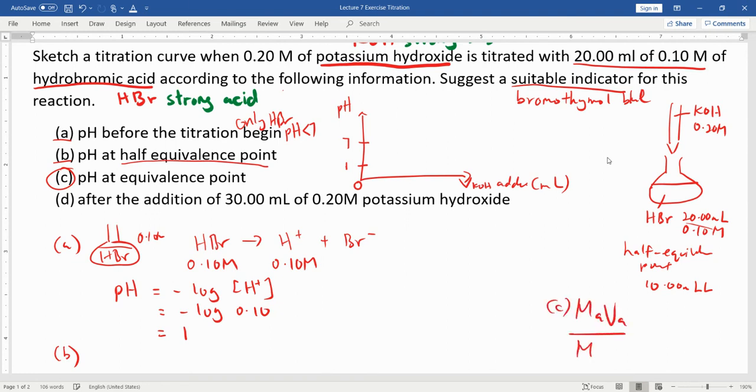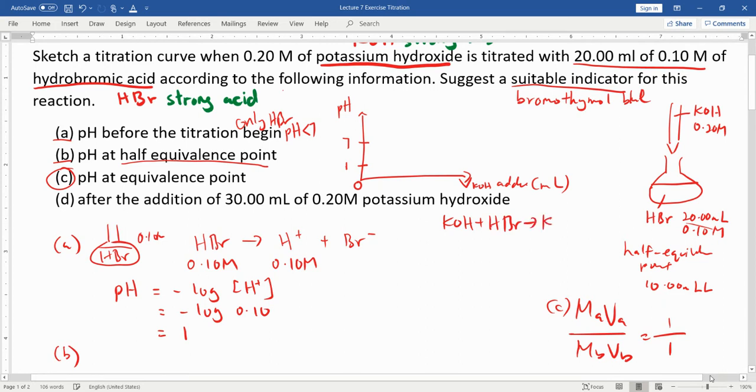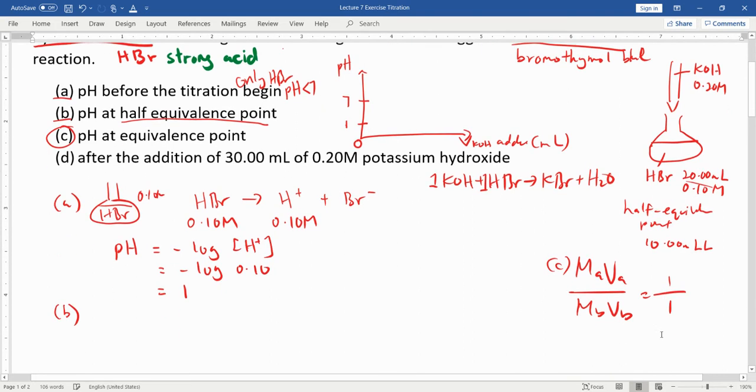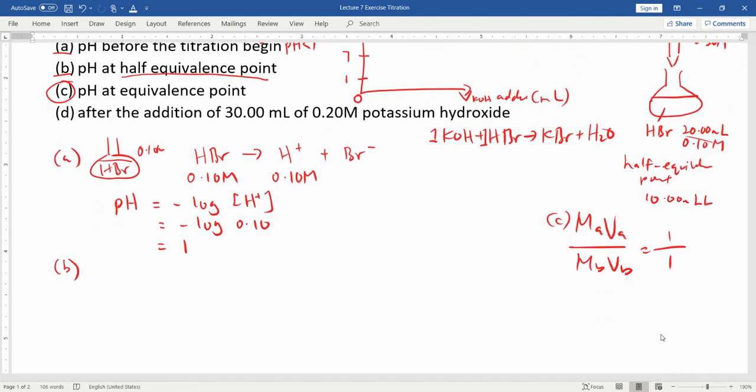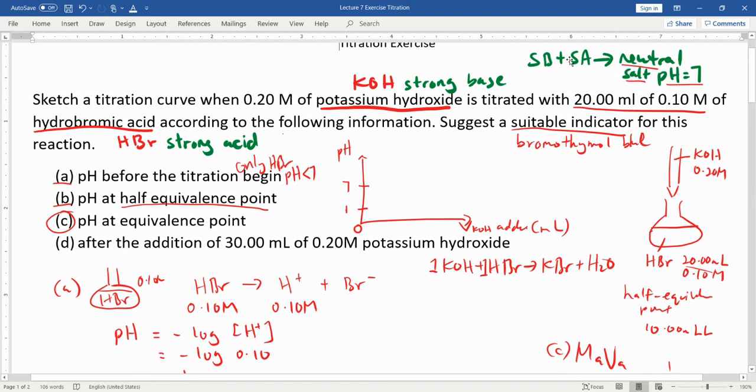For C, it is MaVa over MbVb equals 1 to 1. How do I know it is 1 to 1? Because KOH plus HBr, we are going to get KBr and H2O. So the ratio is 1 to 1. The molarity of acid is given as 0.1, then the volume is 20.